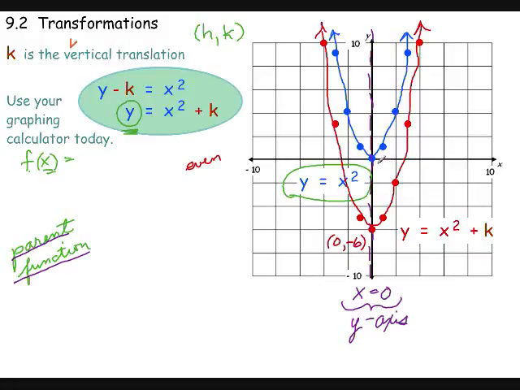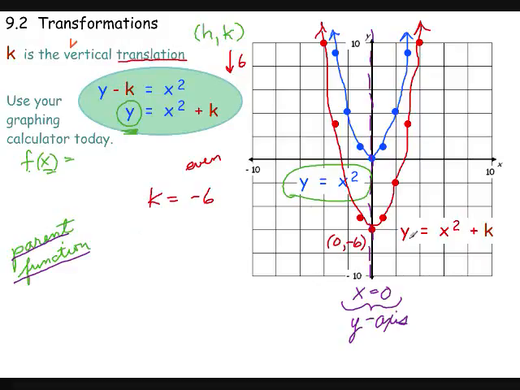So I've dropped the vertex down from 0, 0 to 0, negative 6. Or I have translated it, let's look at this word here, translated it down 6. This would mean that my k is equal to negative 6.